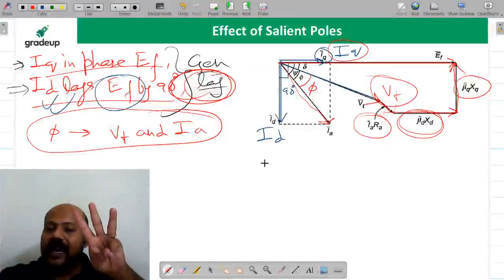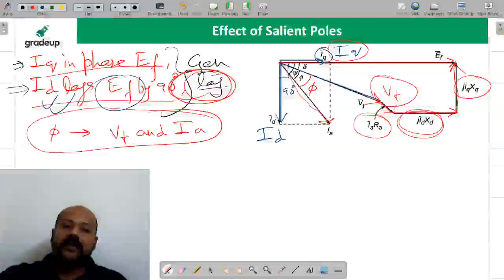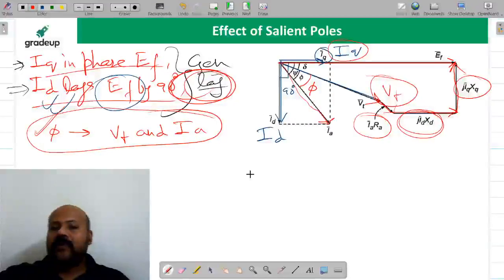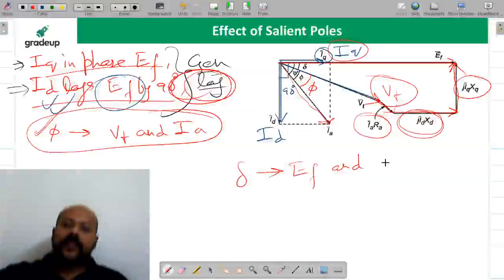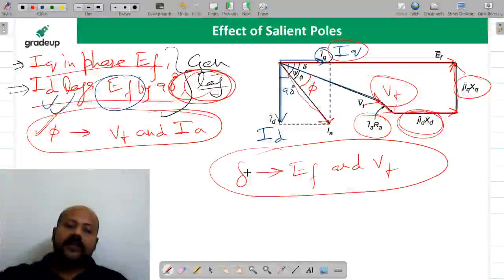Now there are three angles which are important. One angle is the phi angle, that is the power factor angle. Then there is the delta angle. This delta angle is between the excitation EMF, EF, and VT. This is the second important angle. This was the first.